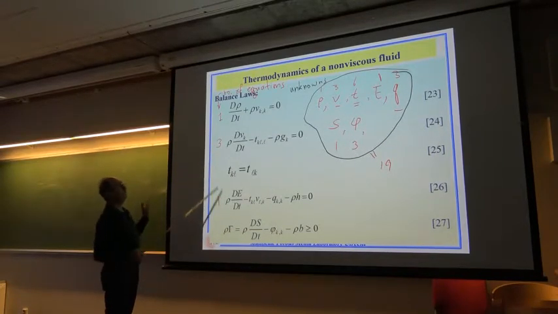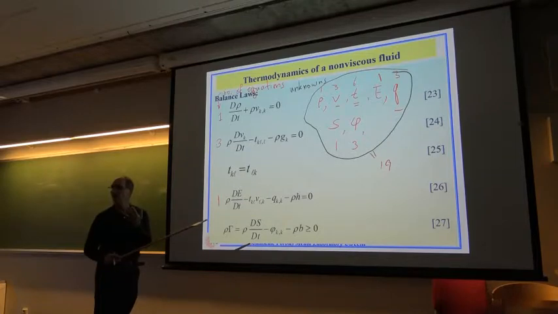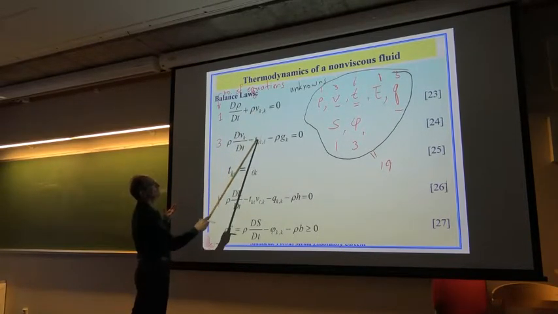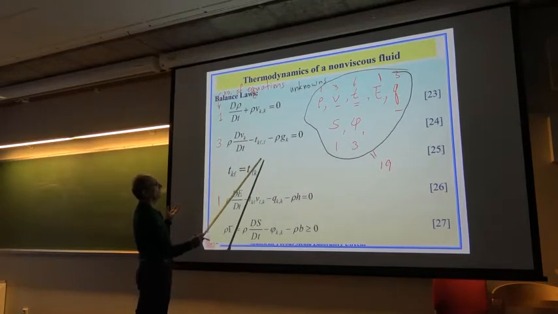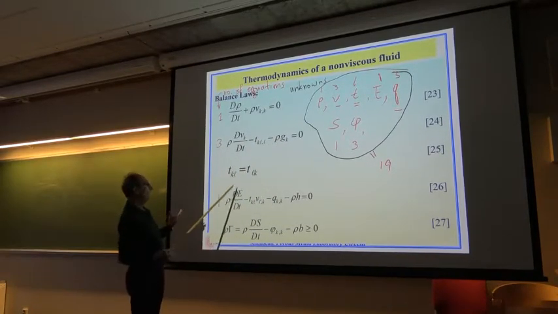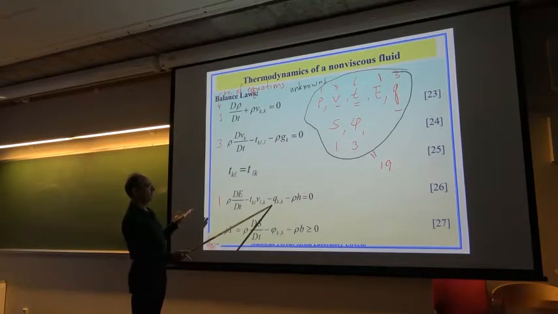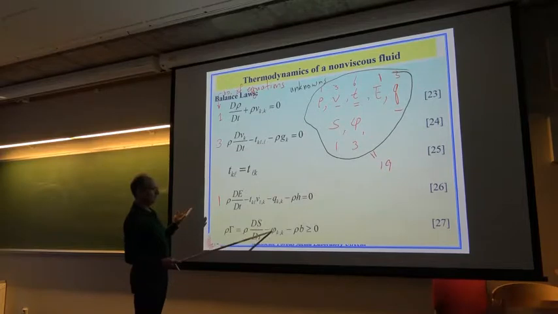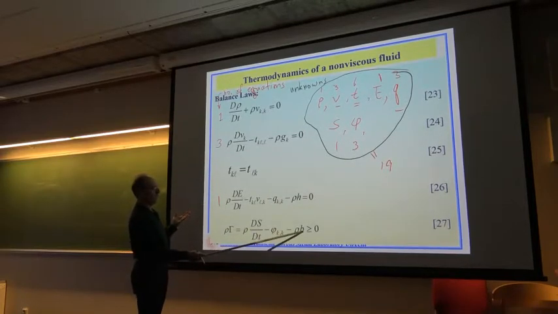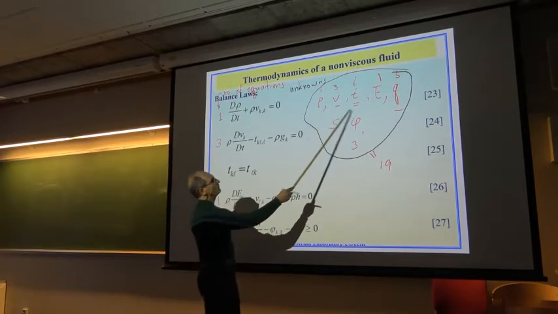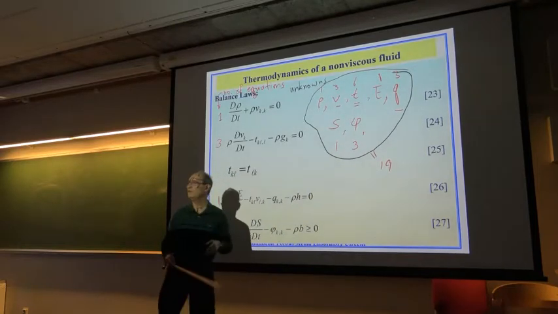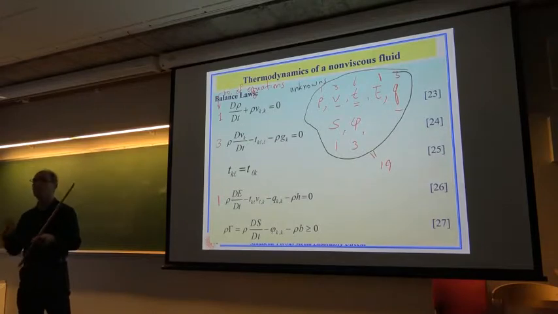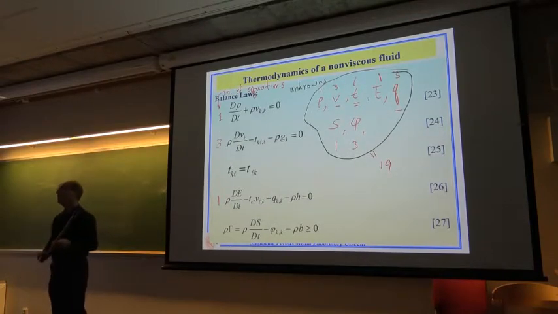So I have only 5 equations. But look how many unknowns I have. Rho, V, the stress tensor, gravity is given, and then internal energy, heat vector, radiation is given, S is unknown, the flux of it is unknown, and B is given. So if you count all of this, you will have 19 unknowns. And with 5 equations, you cannot solve it. We need 14 extra equations.